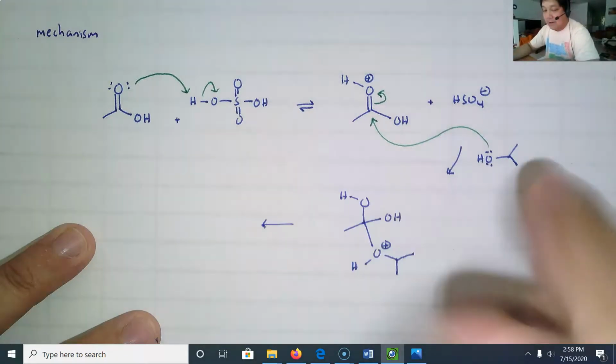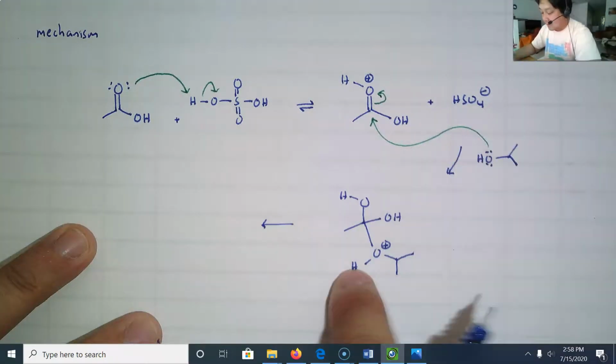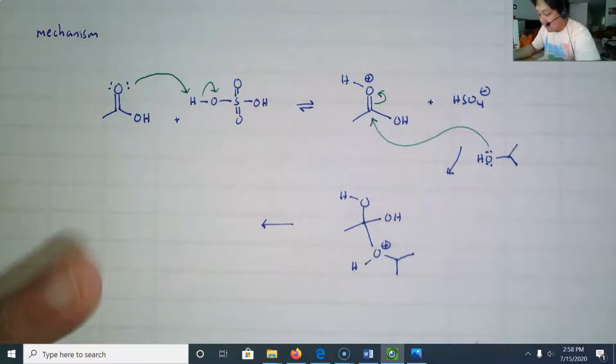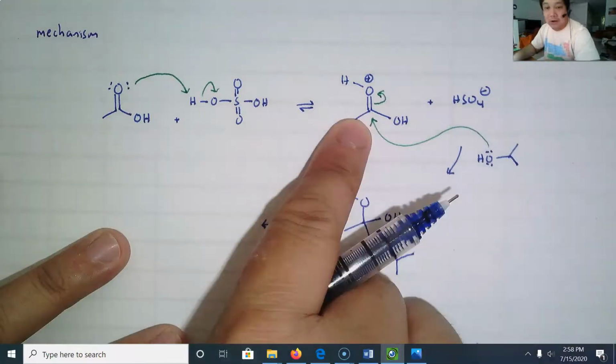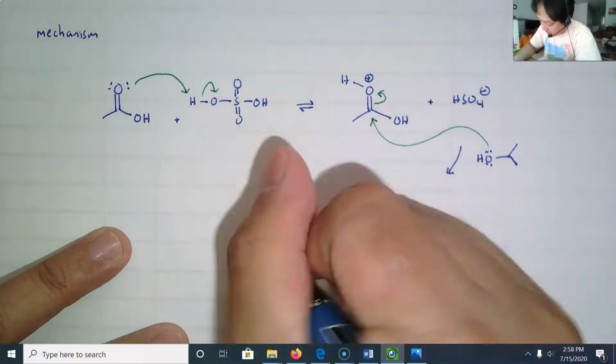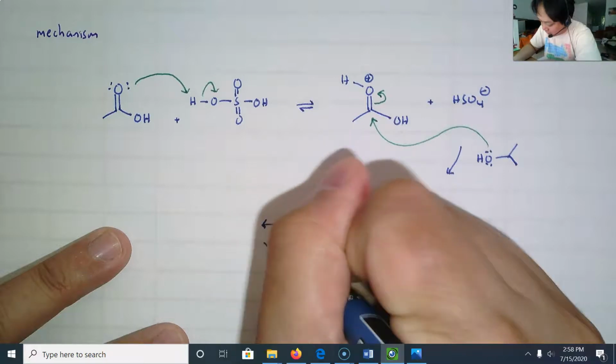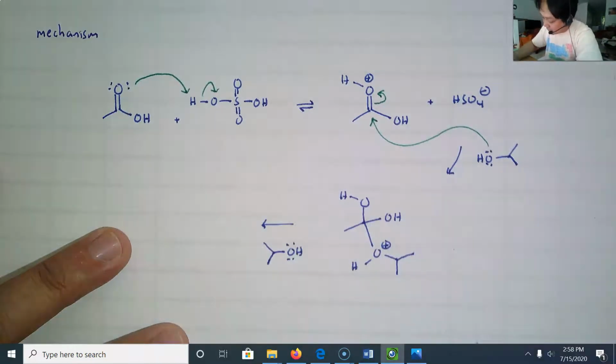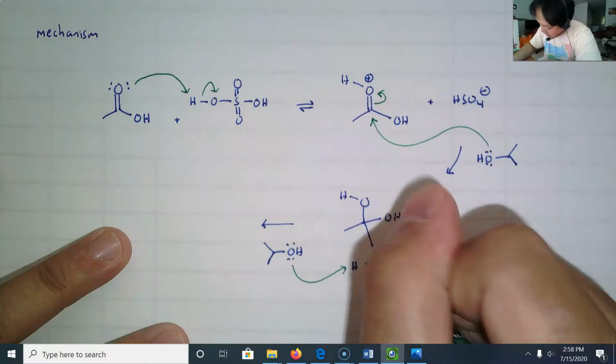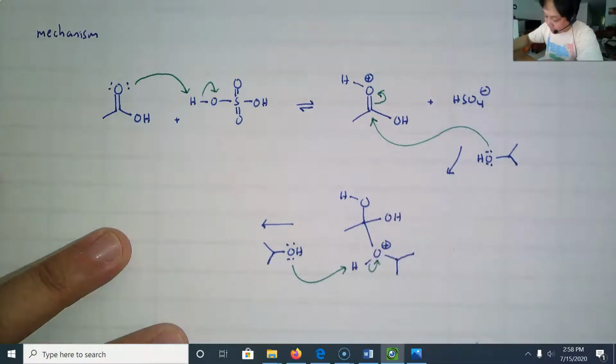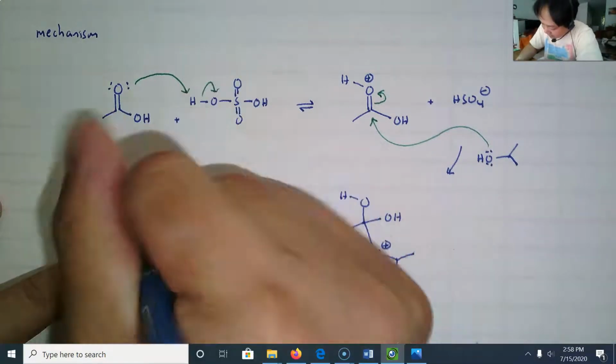We could use the sulfate anion, or we could just use another alcohol. We could even use the carboxylic acid, but I'll use this OH alcohol. Get everything neutral, in other words. And we have this.